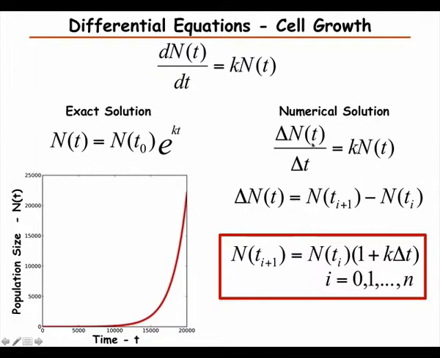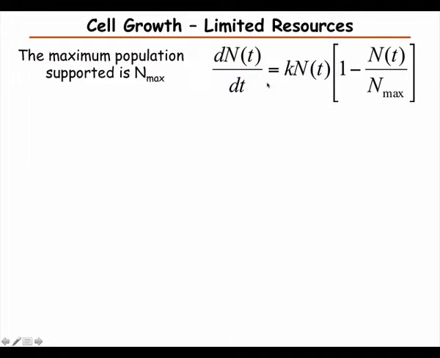Now we can add a little bit more complexity, because exponential growth can only go on for a while, until the environment no longer supports it. So we're going to change this differential equation to add another term, where n max is the maximum number of cells that we can have.